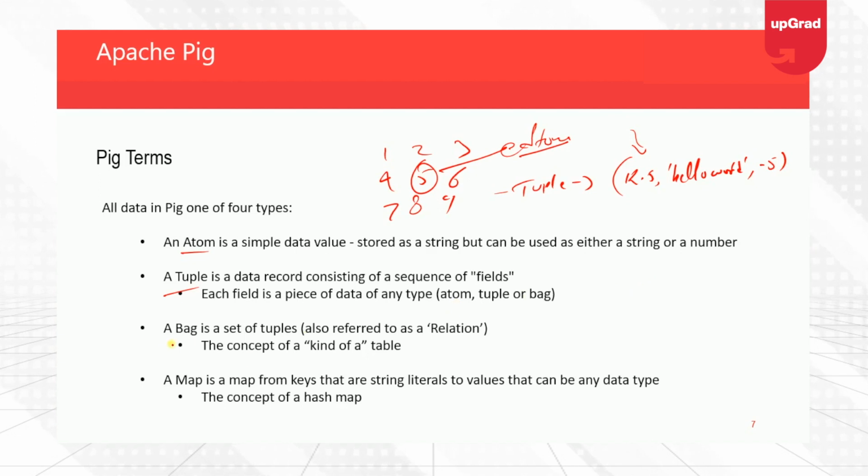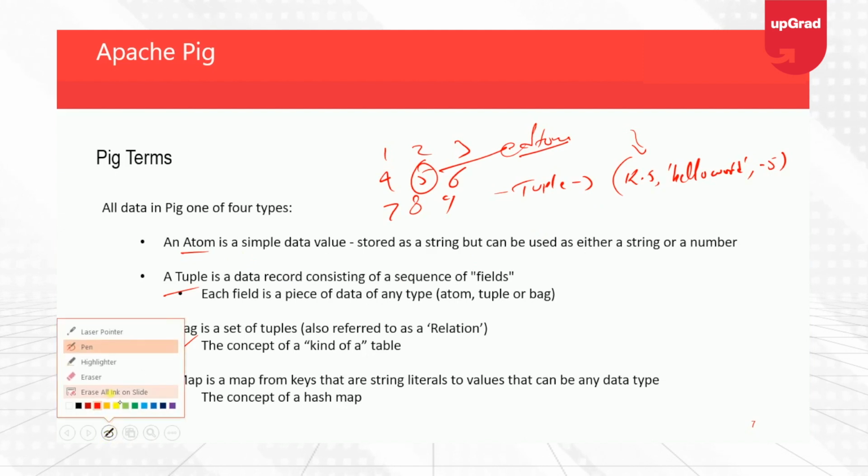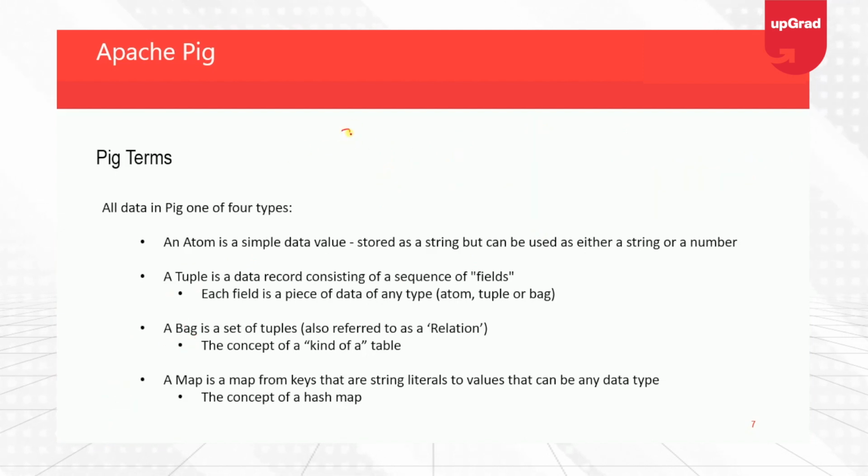Then there is one more term that we use. It is called a bag. So what exactly is a bag? A bag is basically a set of tuples. So how would a bag look? A bag would look like this. I would say 1, 2, 3, and 4, 5, 6.